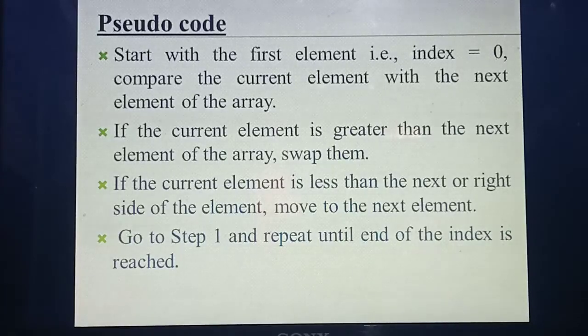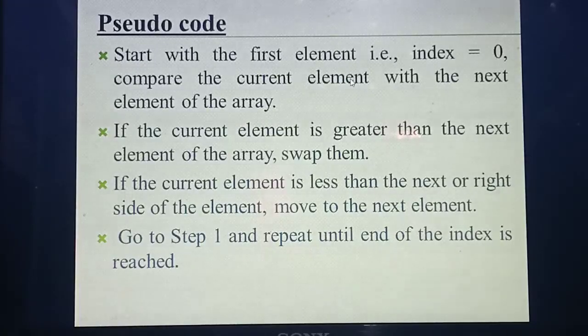So your search always starts from the first element, whose index value is 0. So index equals 0. Now your current element is the first element, and you compare your current element with the next element. What's the next adjacent element?